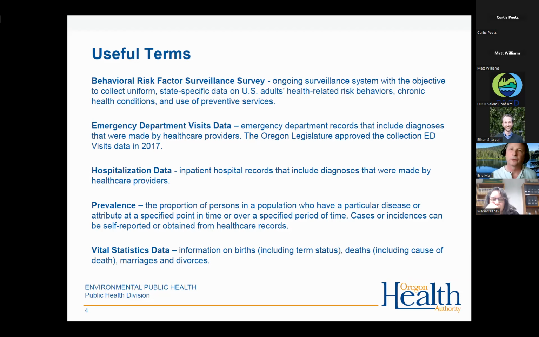So what that means is that right now we currently only have 5 years of those data. Hospitalization data, that's data we've been collecting for a long time, and those are inpatient hospital records. Prevalence, it's pretty straightforward. It's the rate of the population who have a particular disease.